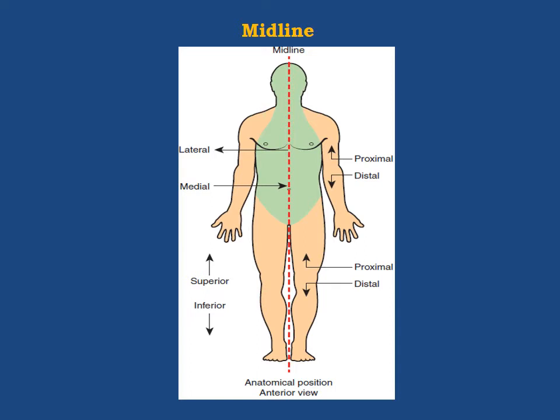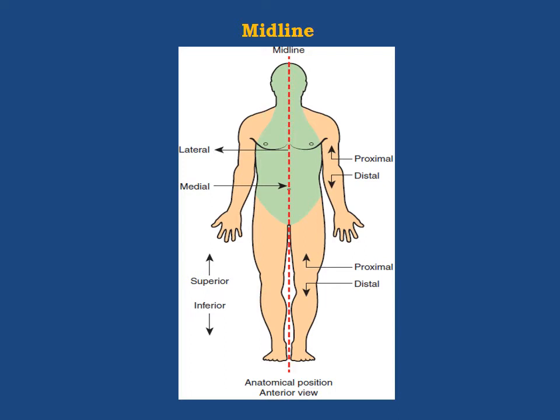Now here, this is what is meant by the midline. Look at the top of the picture, the word midline. Mid means the middle, right? There is a hypothetical midline that, let's say, divides the human body into two identical parts.